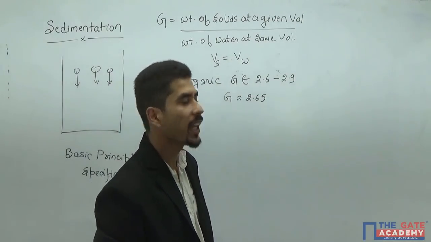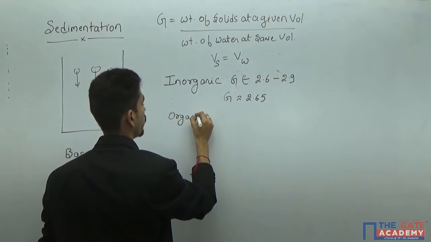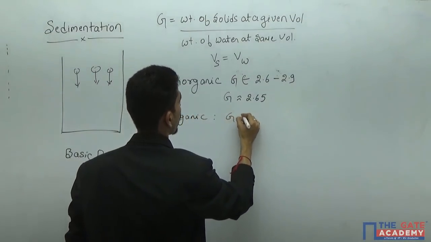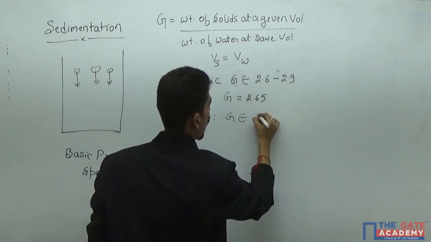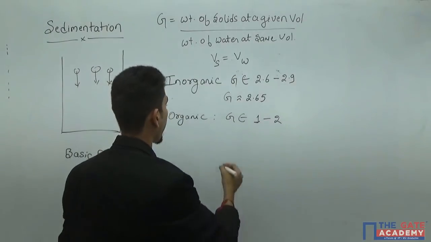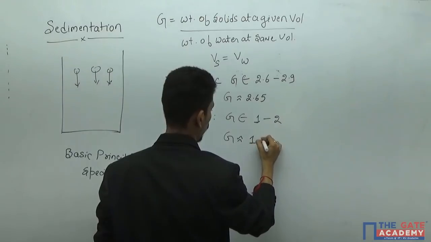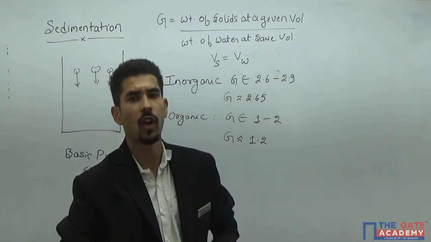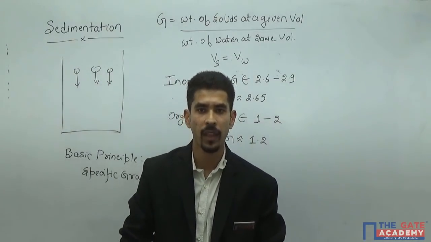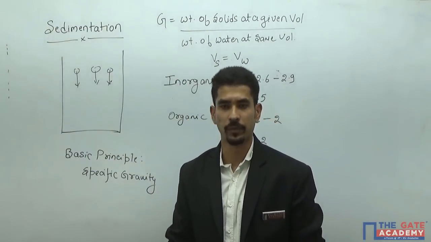And for organic particles, G is in the range of 1 to 2, and it is generally taken as 1.2 in the case of organic solids. Right? So the basic principle is again specific gravity.